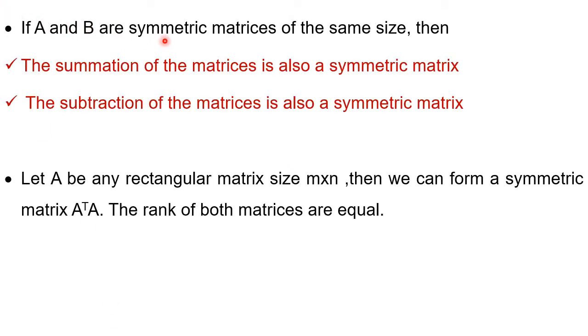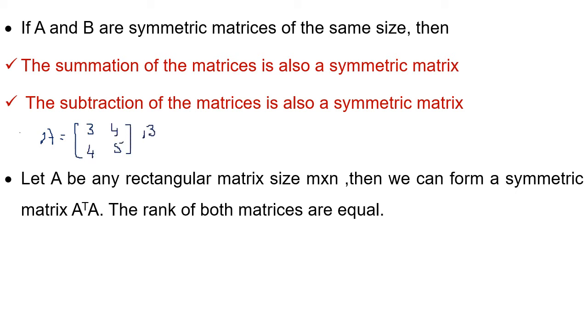If A and B are symmetric matrices of the same size, then the summation of the matrices is also a symmetric matrix, and the subtraction of the matrices is also a symmetric matrix. So let us consider two matrices. A is defined as 3, 4, 4, 5.